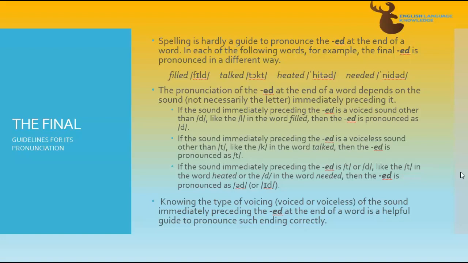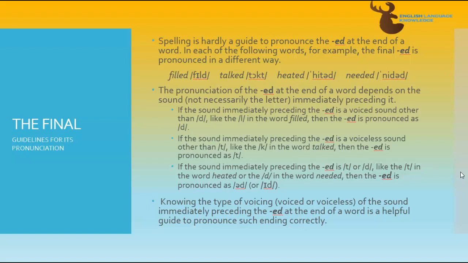The final sound, the ED, how we're going to pronounce that ED, we're going to determine that by looking at the sound preceding the ED. If it is a voiceless sound other than t, then that ED is going to be pronounced as t. Okay? Like in the word talked.